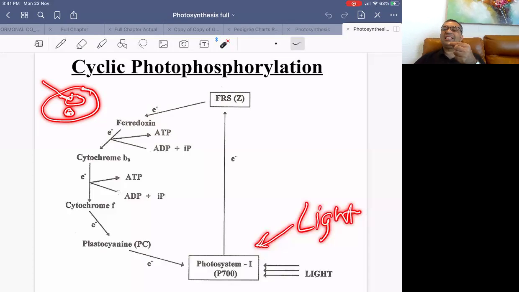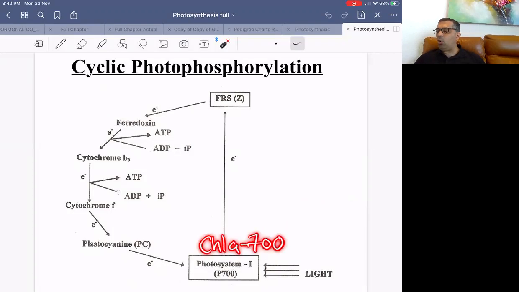And chlorophyll A700 at 700 nanometer wavelength will get excited by energy coming by resonance transfer, and this electron will jump from chlorophyll A 700, which is the reaction center.